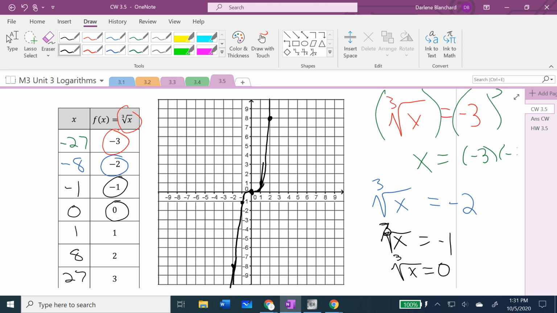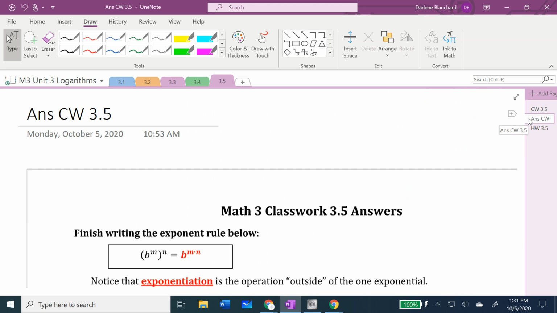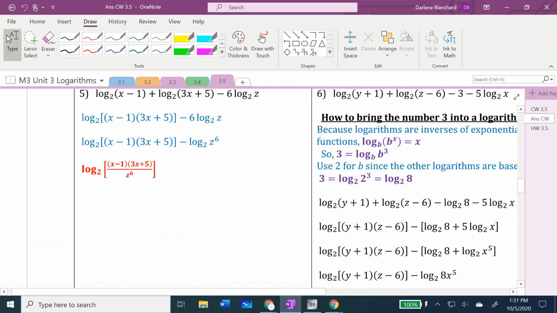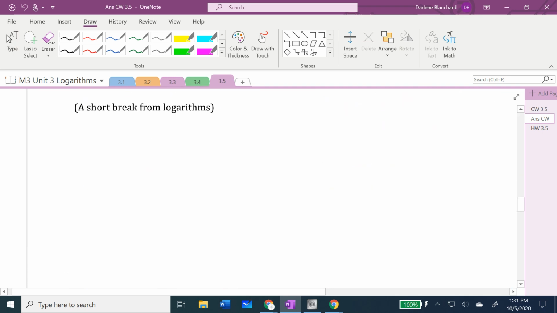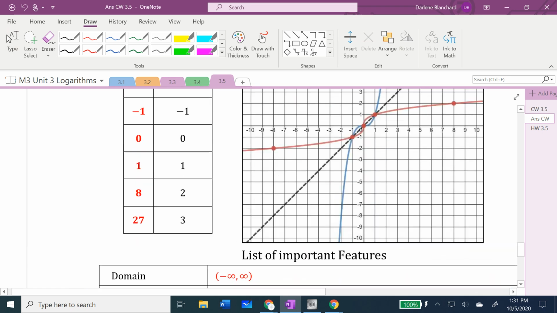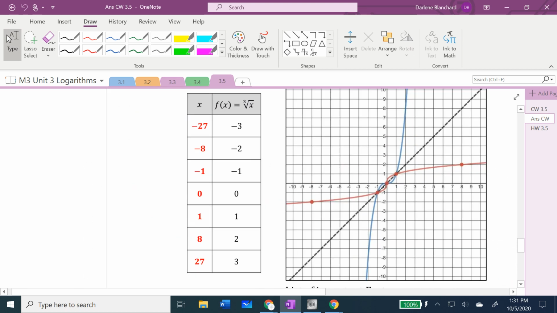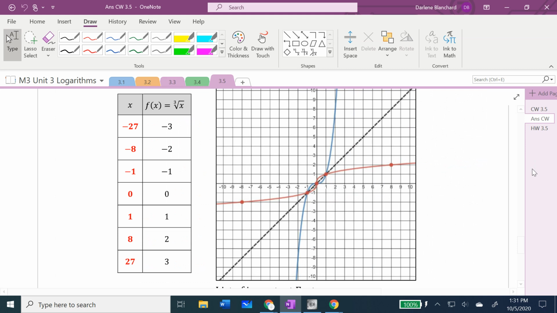I'm going to show you the answer because it's much easier to read than my drawing. Okay. There we go. In blue, you can see the graph of y equals x cubed.